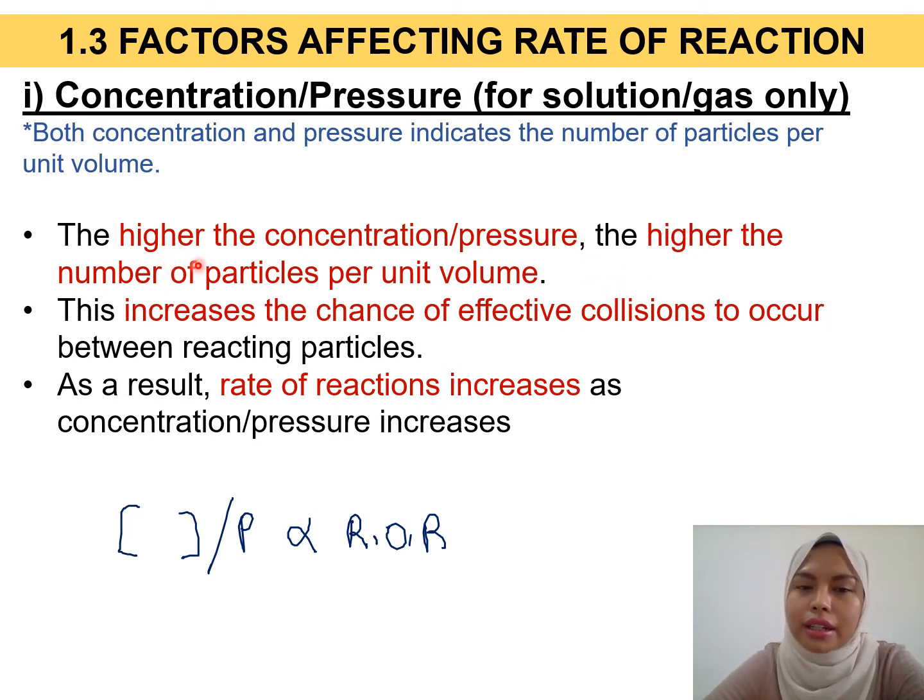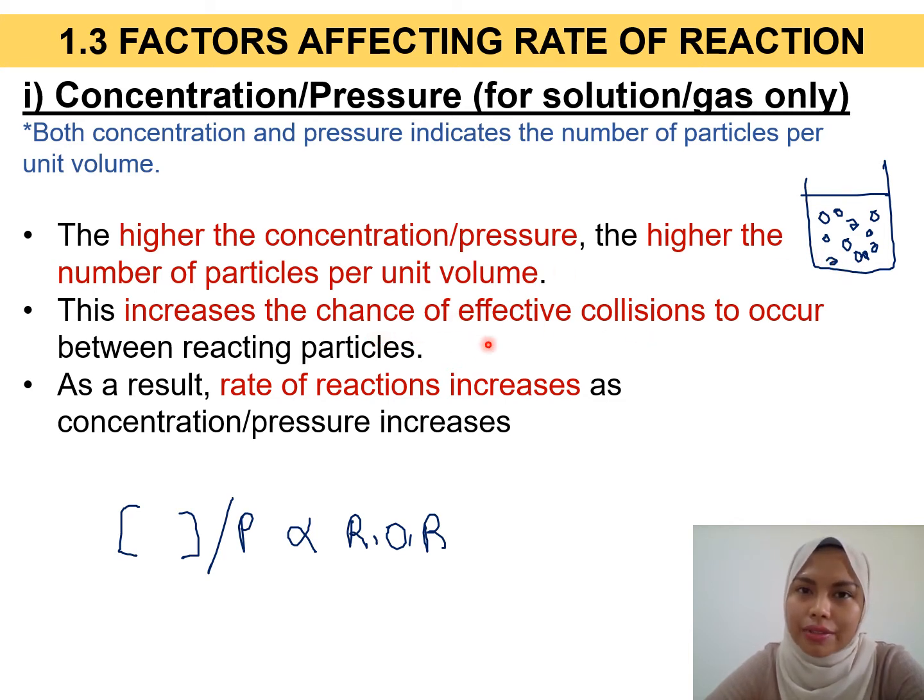Kenapa bila the higher the concentration, the faster the rate of reaction? Because the number of particles per unit volume will be higher. So bila number of particles per unit volume tu, okay, if you look at this one, bila you tinggikan concentration dia, so the number of particles per unit volume ni tinggi. Okay. Therefore, you akan tingkatkan dia punya chance untuk effective collision ni berlaku.